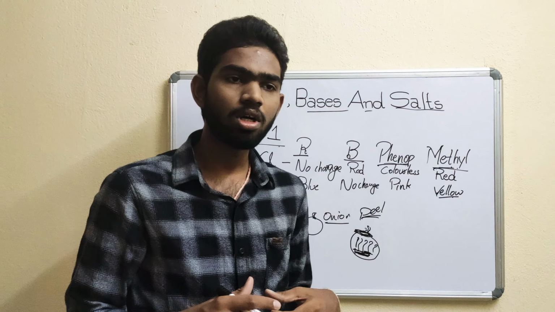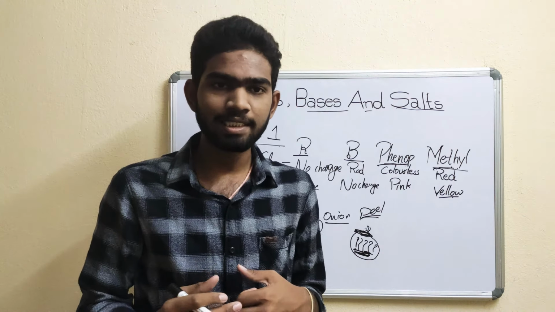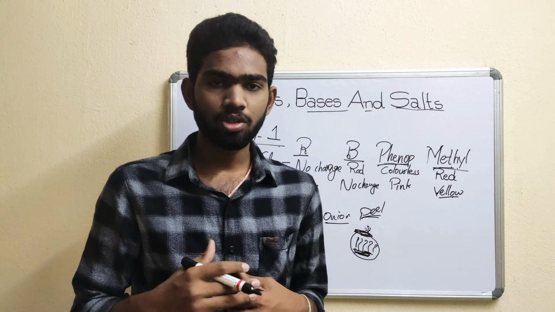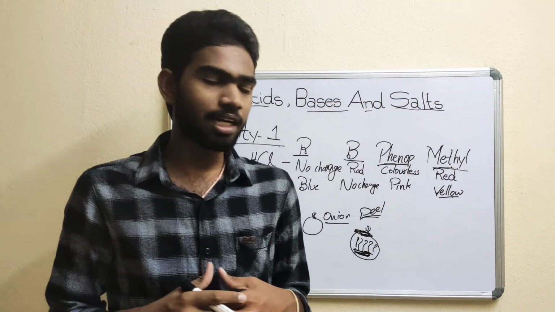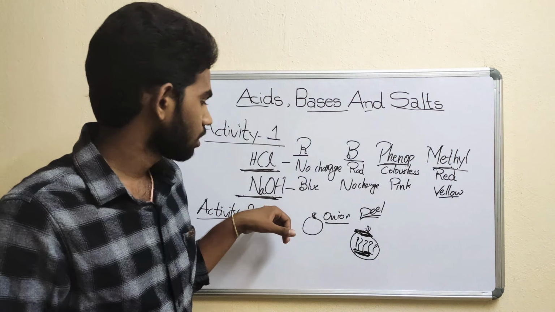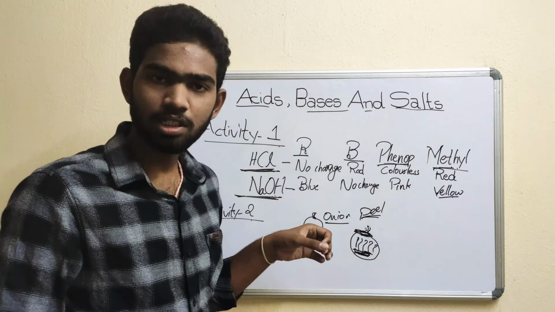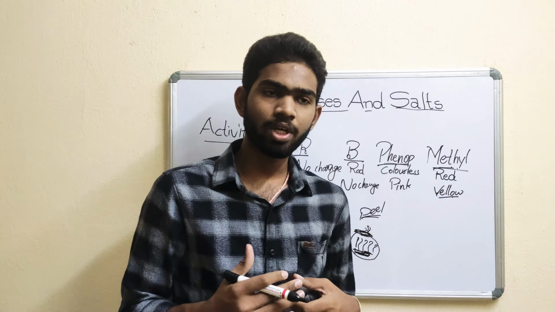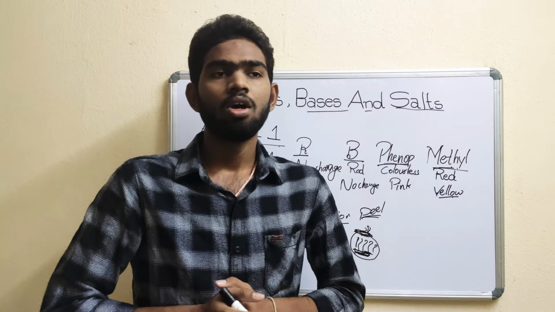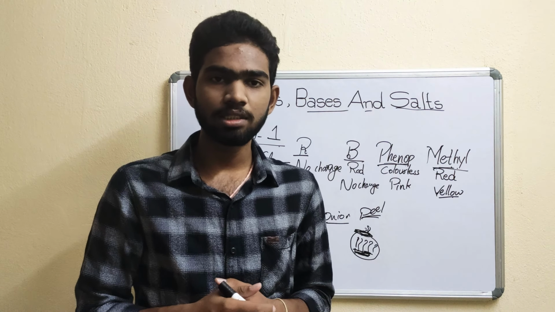We have to react it with some acids and bases, like acids such as HCl and bases such as NaOH, and neutral solutions like neutral salts. When we test with these, we get different types of odors.